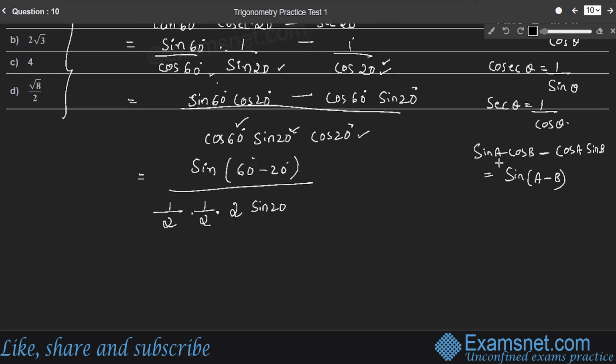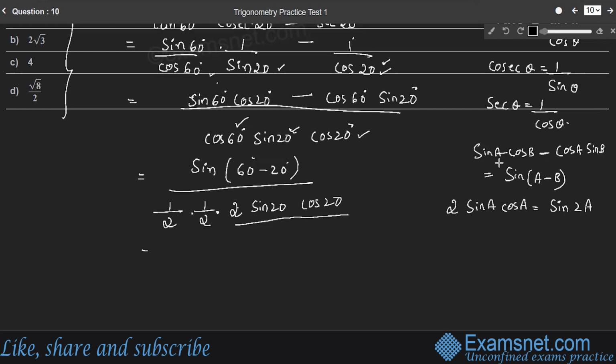So 1 by 2 into 2 is 1 itself. So 1 by 2 into 2 times sine 20 into cos 20. So this term 2 sine 20 into cos 20 is in the form of 2 sine A into cos A, which is equal to sine of 2A, or 2 sine theta into cos theta is sine 2 theta.